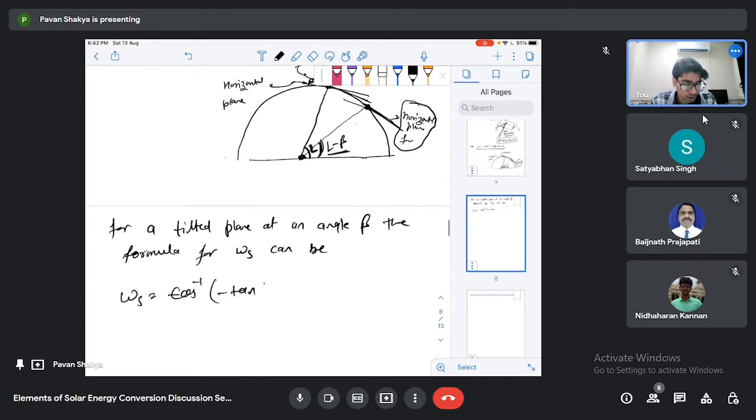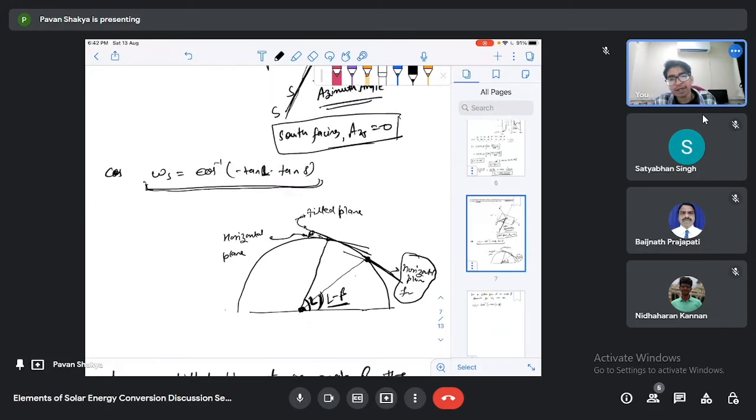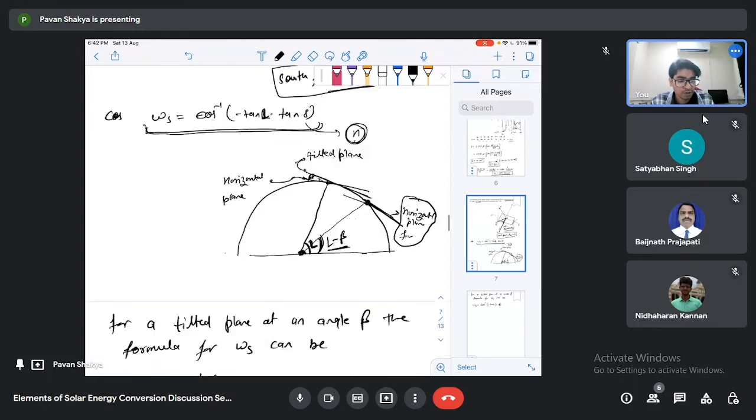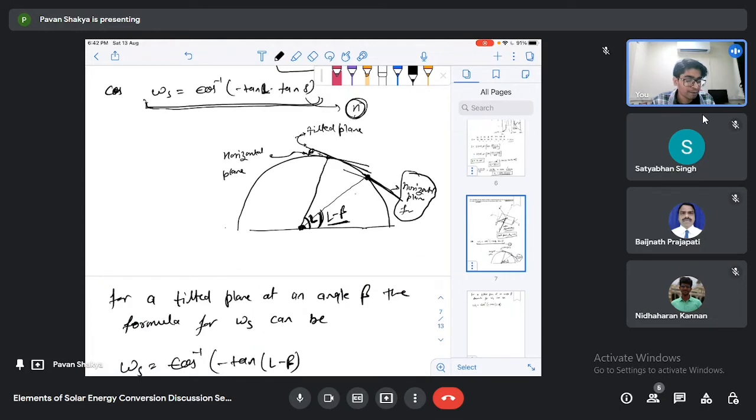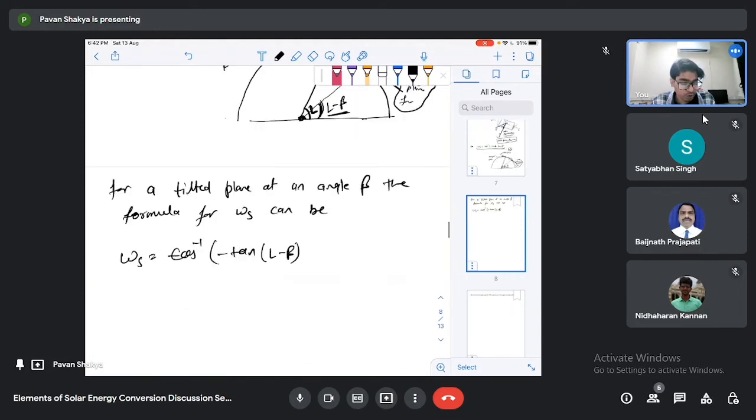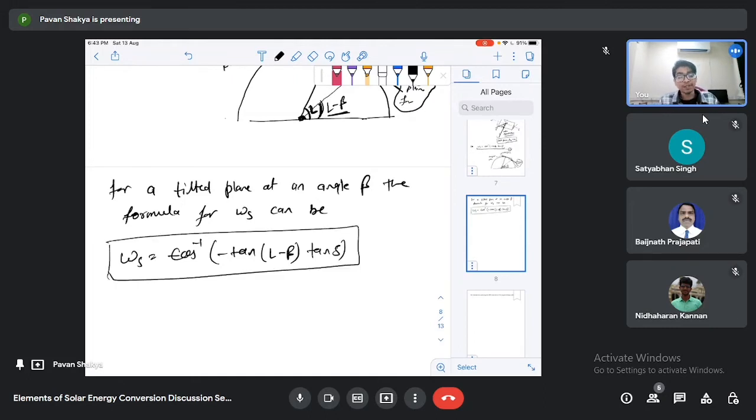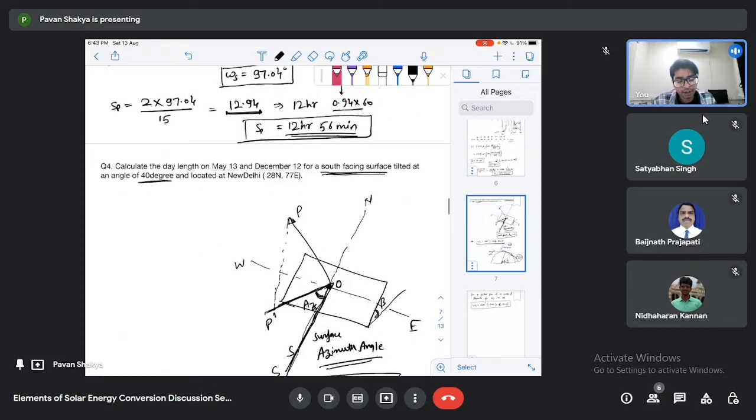So this latitude angle will now be substituted with L minus beta, whereas as we know the declination angle, delta, depends only on the number of the day, so it will not be affected by the location and will remain the same. So now if we get this formula, then we can easily calculate the day length for any tilted plane for different days.